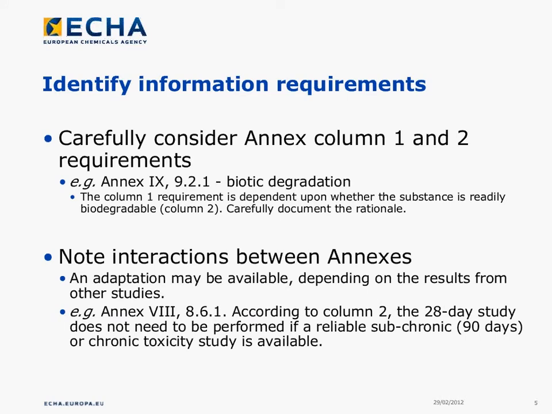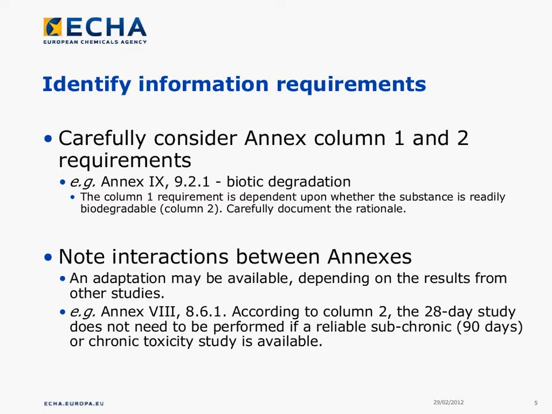Having said that, you've still got to identify the information requirements that apply in your case. When you're looking at Annexes 7 to 10, it's very important that you consider not only the column 1 requirements, which are the headers that tell you what you've got to do, but you've also got to consider carefully both column 1 and column 2 requirements. Just as an example, we give Annex 9, 9.2.1, which is biotic degradation.